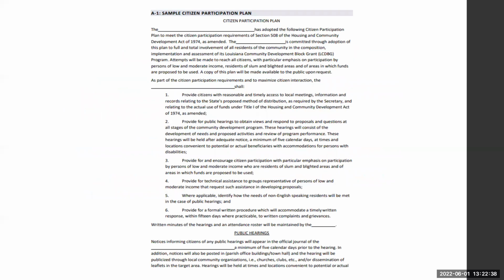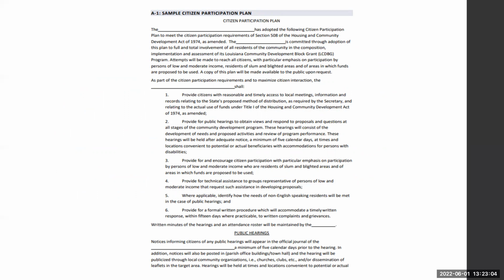At a minimum, the plan must provide for and encourage citizen participation, especially for those of low to moderate income. It has to identify the citizen participation coordinator along with their duties and responsibilities. It has to provide a formal written procedure which will accommodate a timely written response to written complaints and grievances.